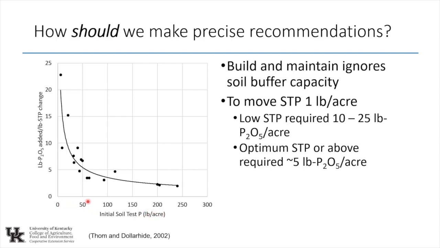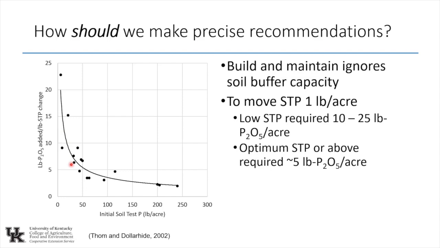And depending on where you start at, that initial soil test P, it's a nonlinear function. And at very low soil tests, you need a lot more fertilizer to move soil test 1 unit than at a higher soil test. And what they found is that low soil tests, down in this range, it required about 10 to 25 pounds of P2O5 per acre to change soil test 1 unit.